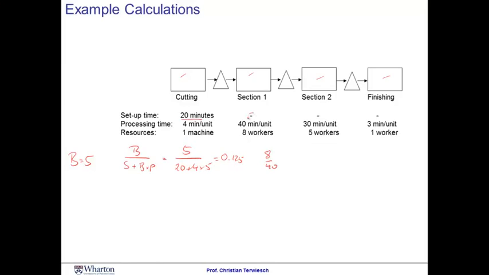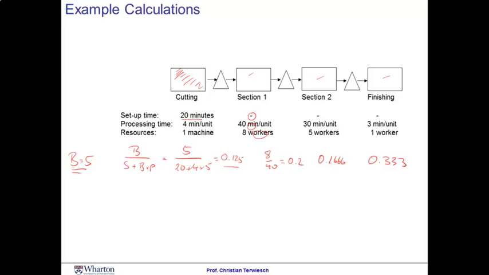Notice there's no setup time here, and so we can just use our good old formula, number of workers divided by the processing time. So 8 by 40, that is 0.2. 5 by 30, which is 0.1666. And then 1 divided by 3, which is 0.333. So for a batch size of B equals 5, we see that the bottleneck is going to be at the cutting machine. You notice that the capacity here is at its minimum.